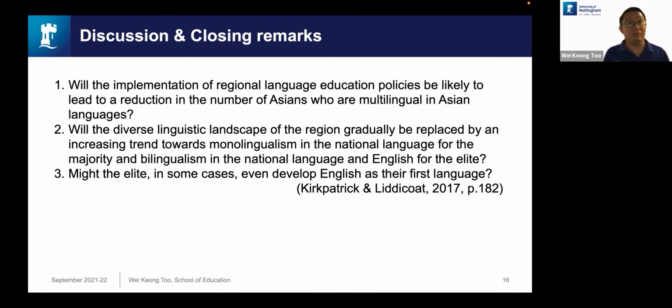This is inequality, because if we don't carry out the English language policy properly, then we will only favor the elite. And third, might the elite in some cases even develop English as their first language?